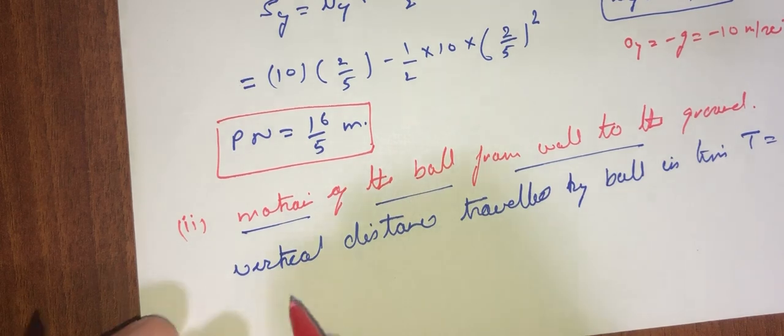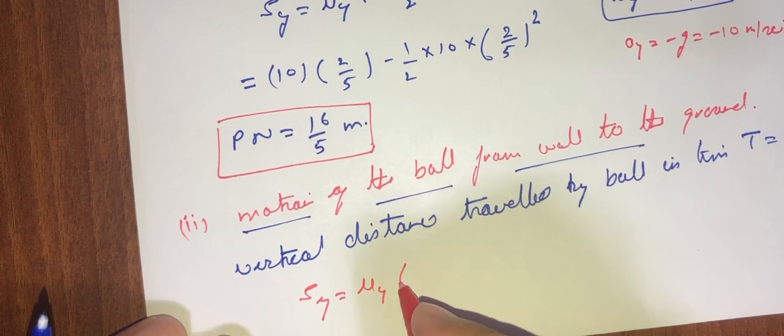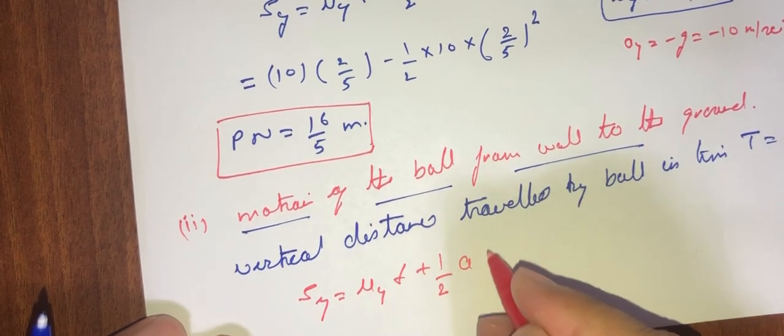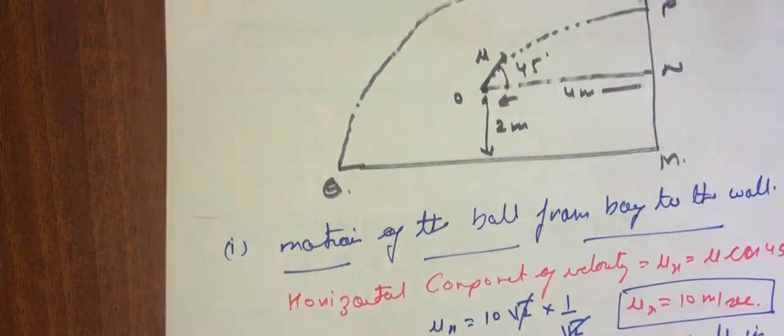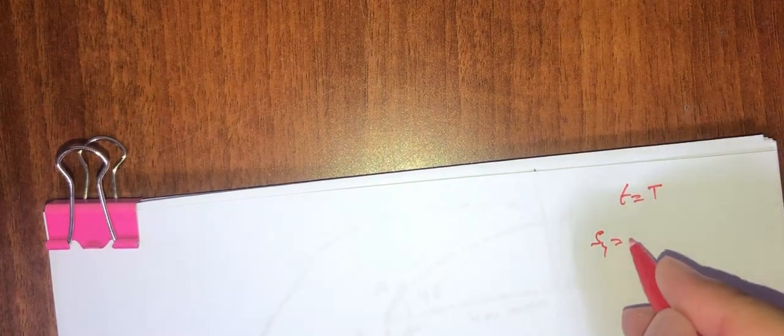So we can use the formula Sy is equal to uy t plus half ay t square, and we are going to substitute the values. First of all, time t is equal to capital T, and Sy is represented as PM.